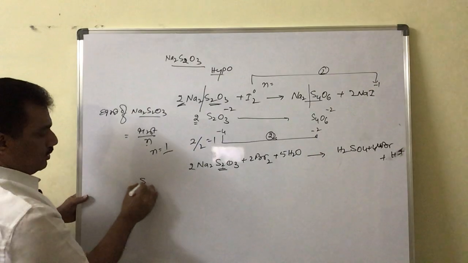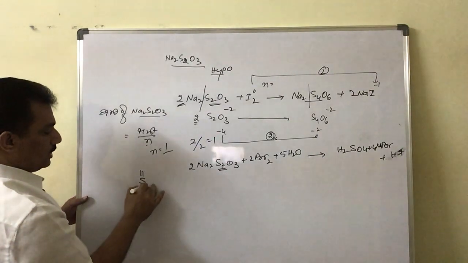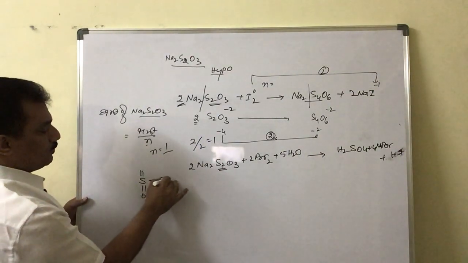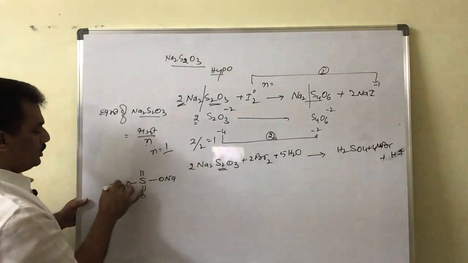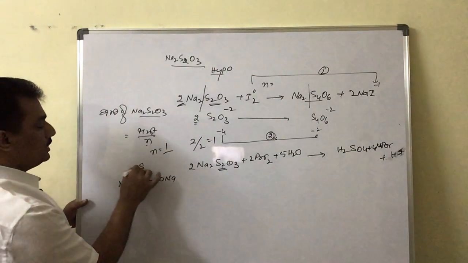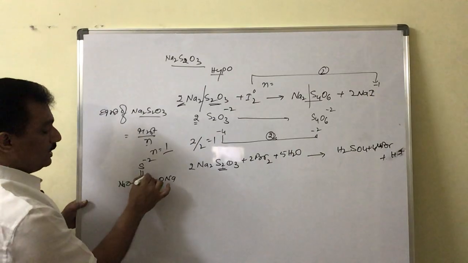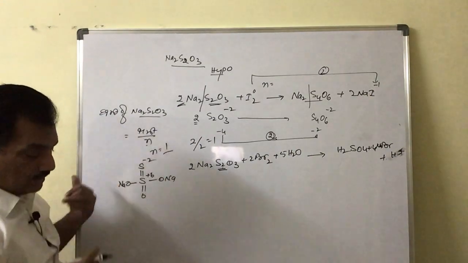And now coming to this, let us observe. Already in oxidation states we considered the structure of this Na2S2O3. This is the structure. Just observe here, this sulfur is having -2 and the other is having +6 oxidation state. It is thiosulfate.